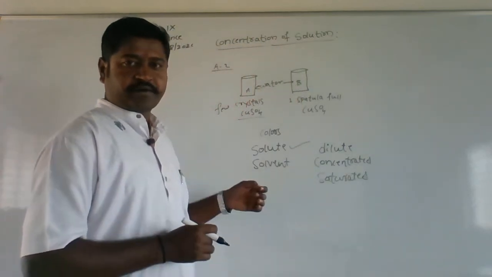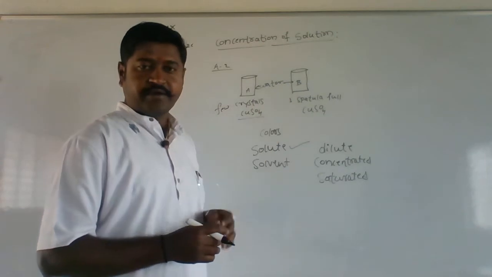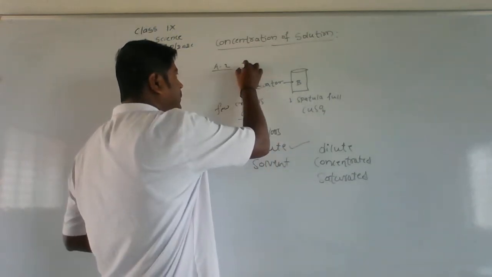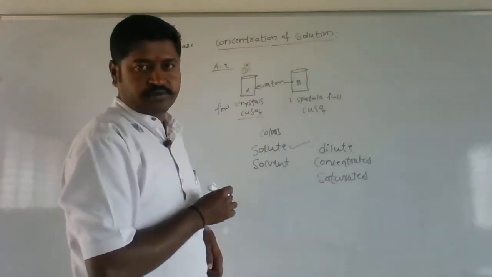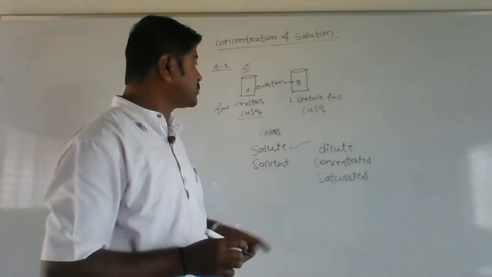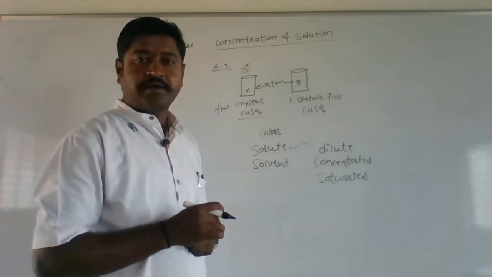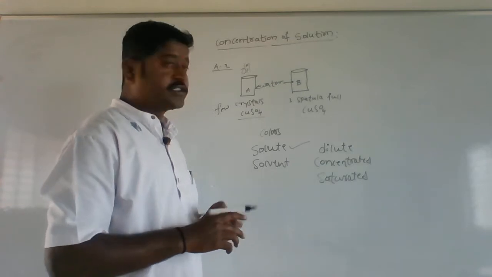So when we compare beaker A and B, we say that beaker A is dilute. Beaker A is dilute compared to beaker B. Is this understood?